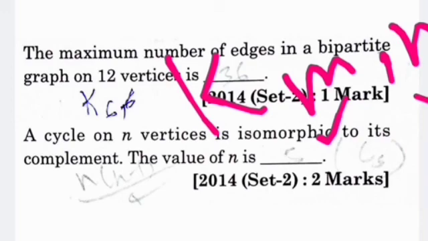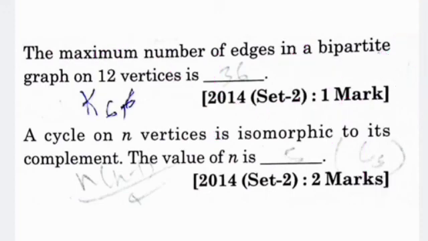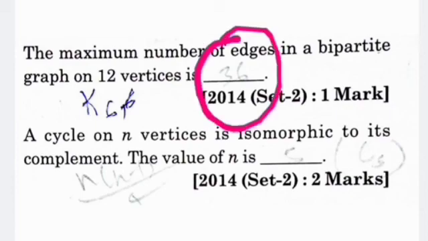There are 12 vertices, so 6 for each, meaning 6 elements in set M and 6 elements in set N. So the total number of combinations of both, the bipartite graph on 6 vertices each, is 36.